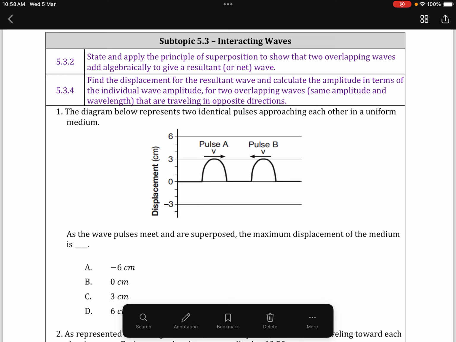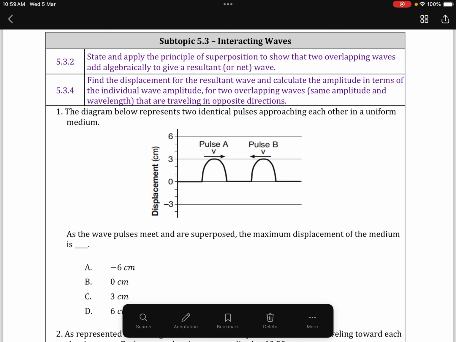As you can see here, we have two pulses moving toward each other, both with positive displacement. How will they interfere? Here we will use the superposition principle, where we add the amplitudes because they have the same direction.